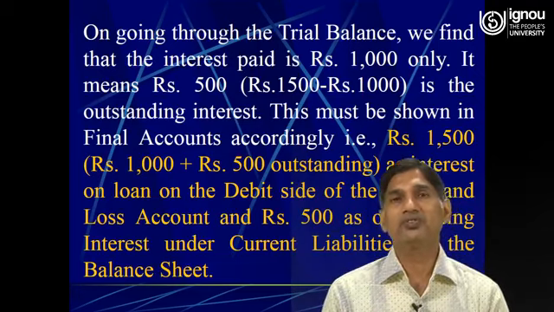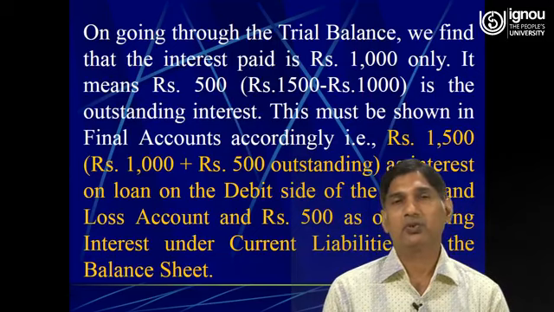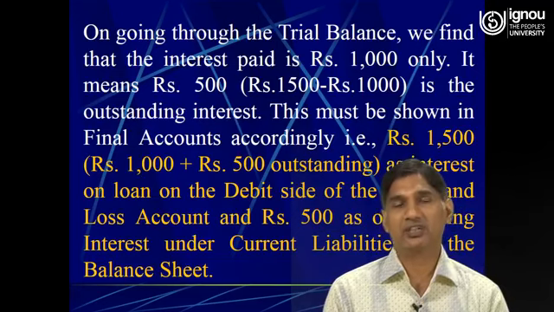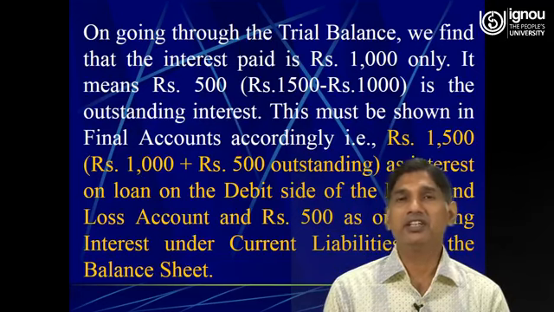So out of 1500 only 1000 has been paid. So therefore it shows that rupees 500 is outstanding. Therefore we need to pay rupees 500 as interest on loan.